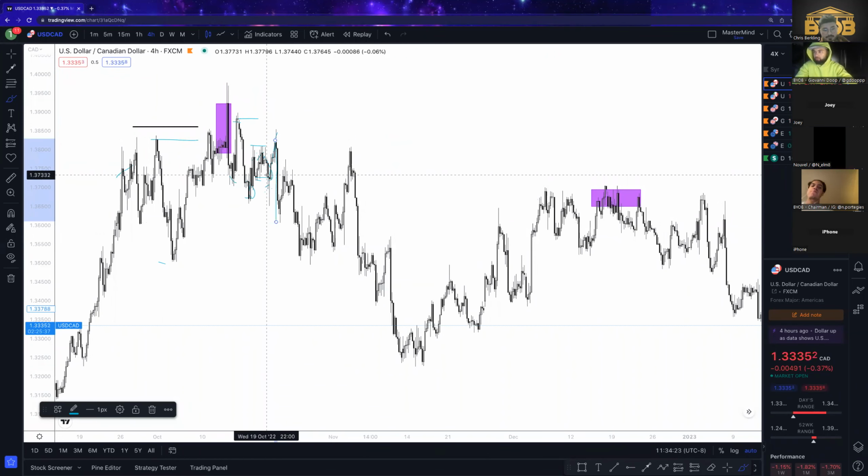Some people call it a break of structure when it closes below one low, and then there's a significant break of structure where it closes beneath a couple of lows. Boom, showing evidence of distribution. Now this push up is our previous lower high and an area to look for redistribution.